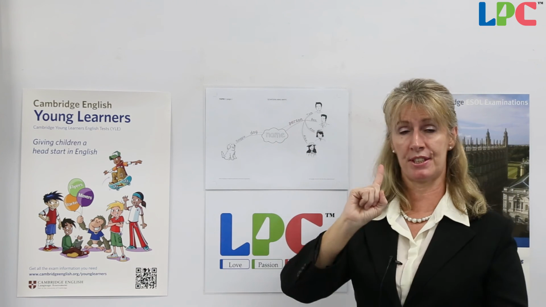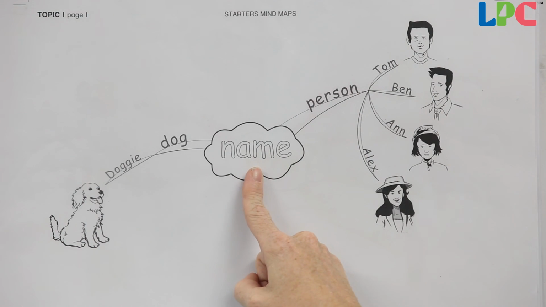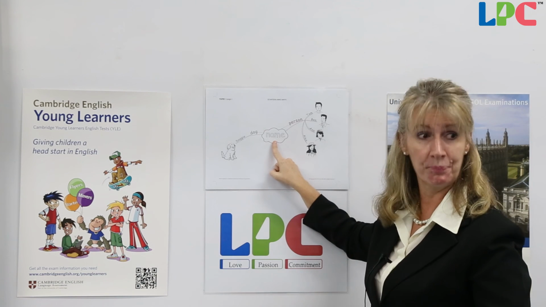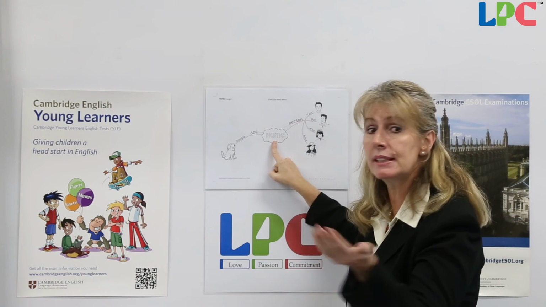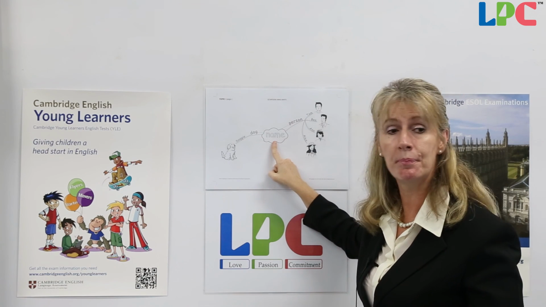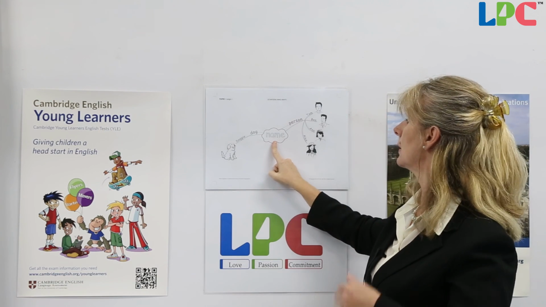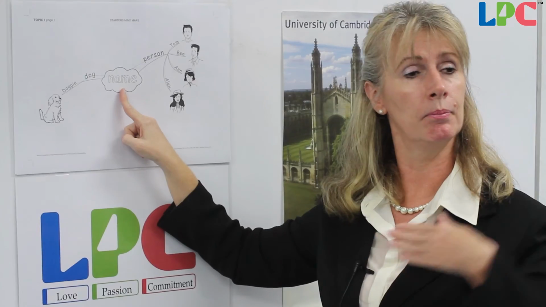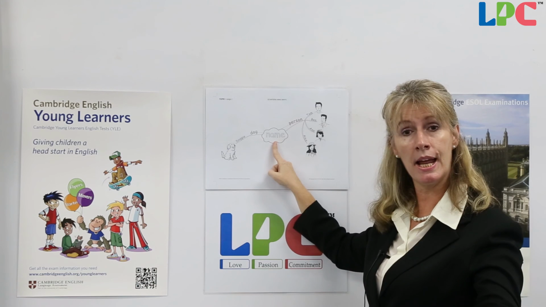So now we have said, show me your reading finger. Put your finger on name. Name. Name. And your children will repeat. You don't have to say it every time, just look at them like this. Name. Name. And they will repeat. So I say name, name, name, name.